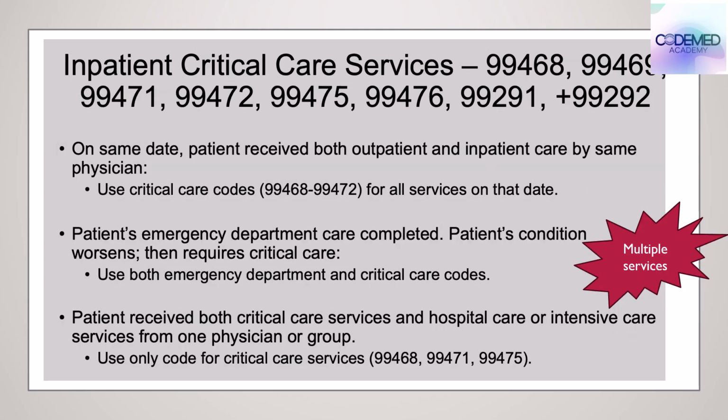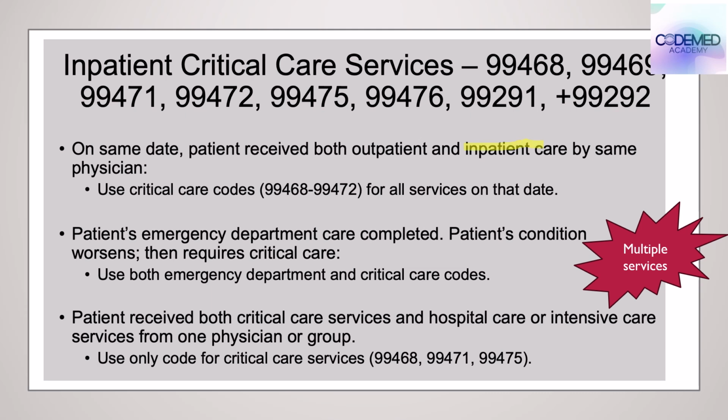Now, whenever multiple services are given on the same day, like the patient received critical care both in the outpatient and the inpatient setting by the same physician, then we will use the inpatient critical care code for all the services on that day. We won't use outpatient and inpatient, we will use only the inpatient critical care code.